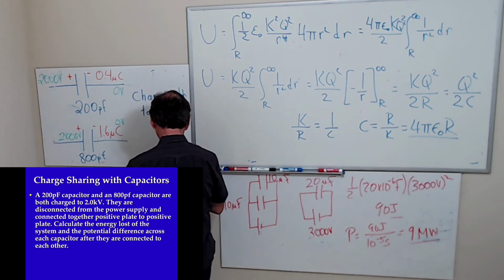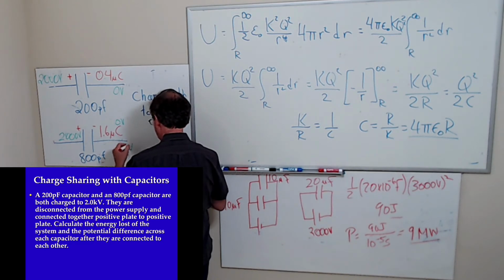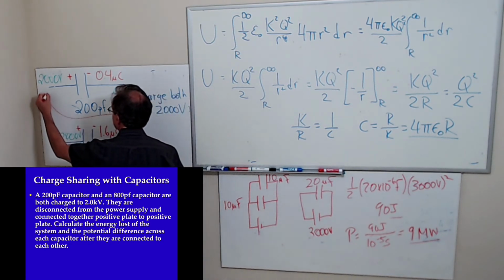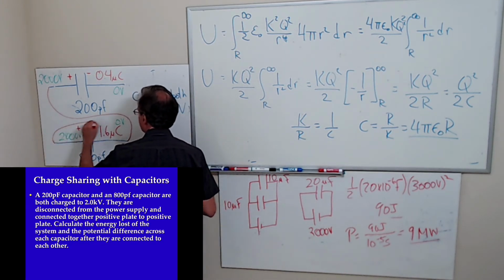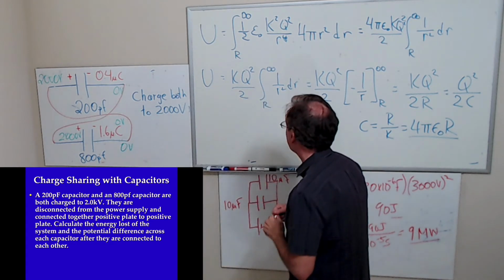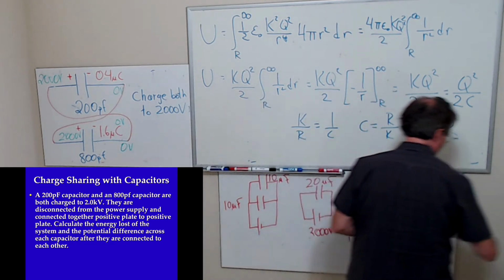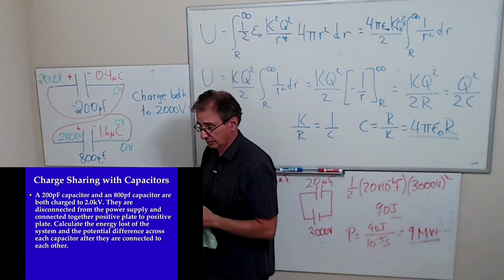I take the side that's at 0 volts, and I connect it to the side that's at 2,000 volts here, and then I do the same thing here. Now what happens? Well, then it would short like in the video, right? Well, that was a direct short.